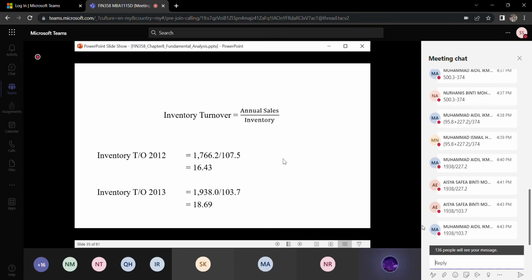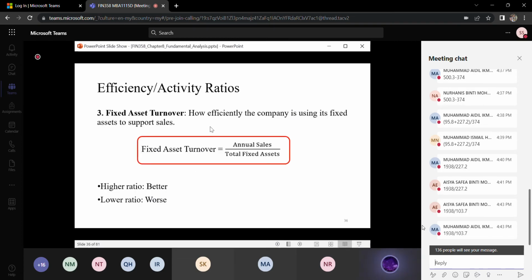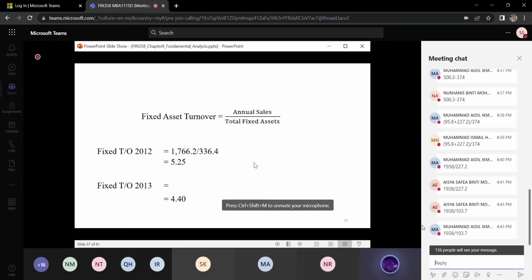Okay, so next we have fixed asset turnover. How efficiently the company is using each fixed asset to support sales. So your annual sales divided by total fixed assets. This one is the income statement, this one is the balance sheet. Again, higher ratio is better. Right, so you try for year 2013.